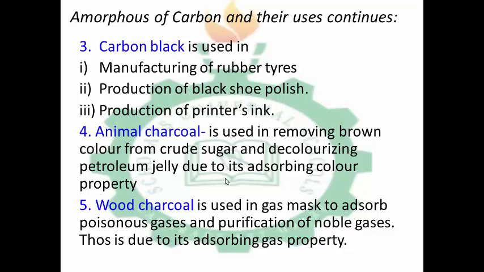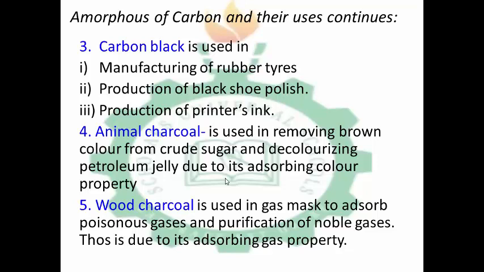Then amorphous carbon and their uses continue by considering the carbon black, which is always used in manufacture of tire and production of black shoe polish. Then carbon black is also used in production of printers ink. In the category of this carbon black is the soot as well as the lamp black.